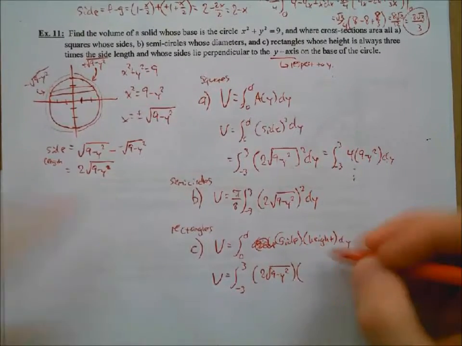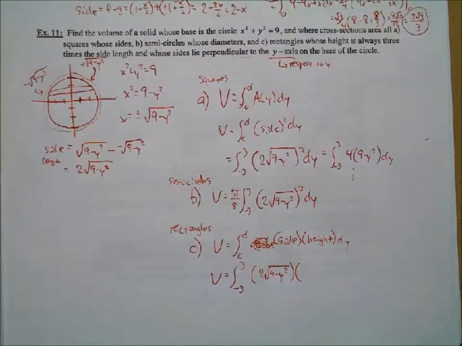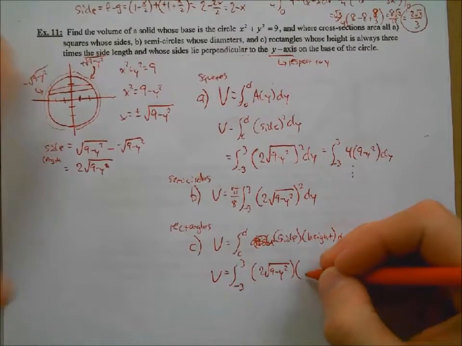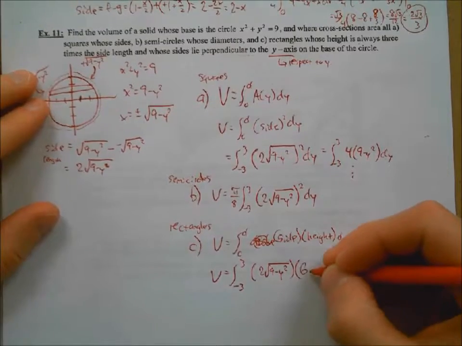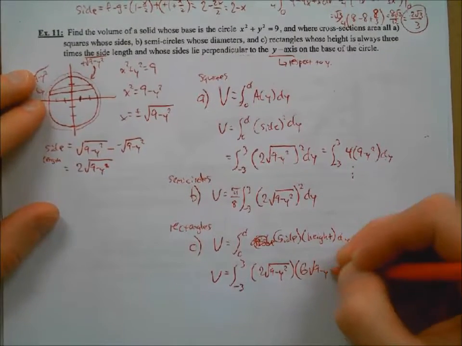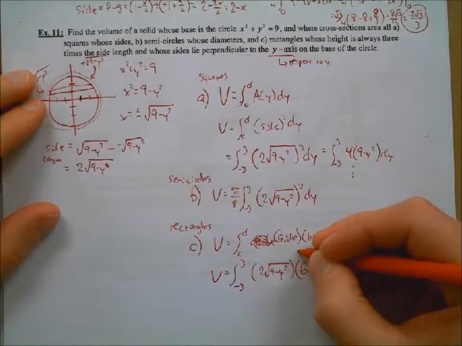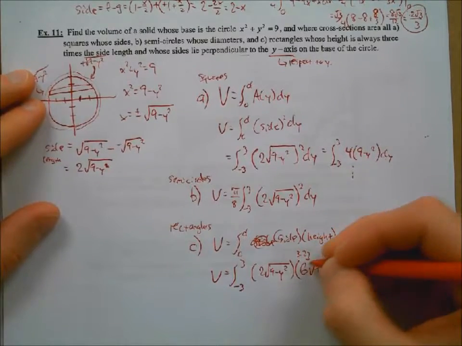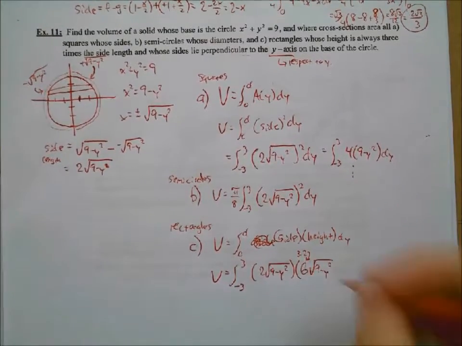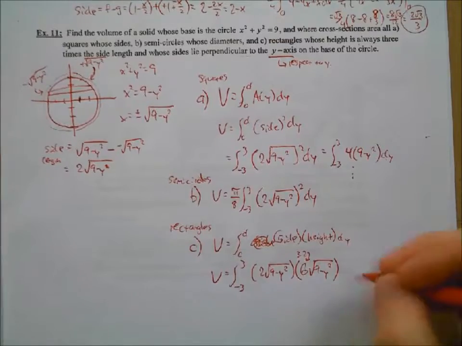But then the height, what are we told is true about the height of these rectangles? 3 times the side length. What's the side length? 2 root 9 minus y squared. What's 3 times 2 root 9 minus y squared? 6, or 3 times 2. You just make it 6 root 9 minus y squared dy.